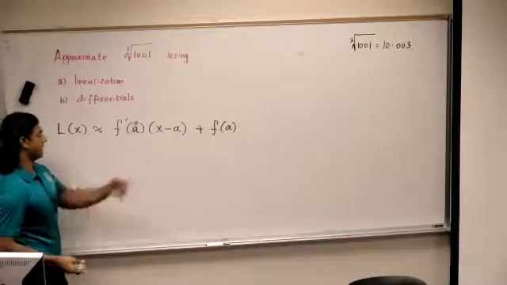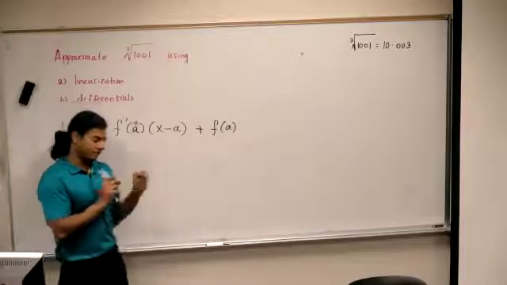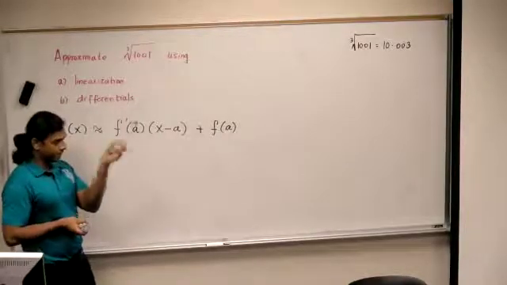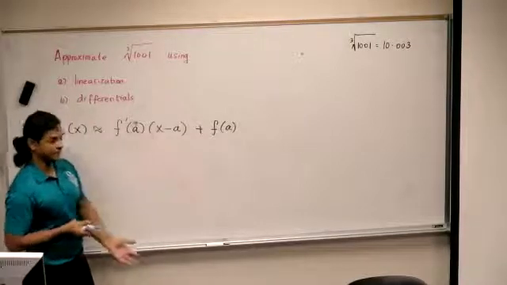And the entire concept is we pick an x and we go slightly to the right or to the left in the neighborhood of that a to come up with an approximation.